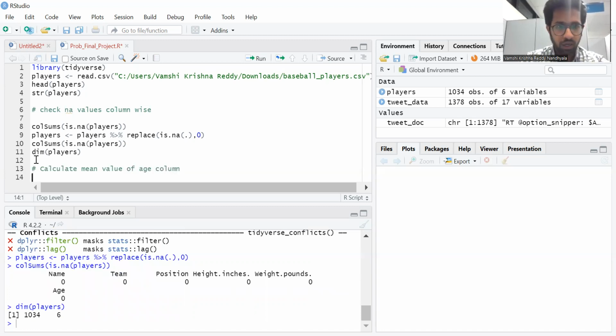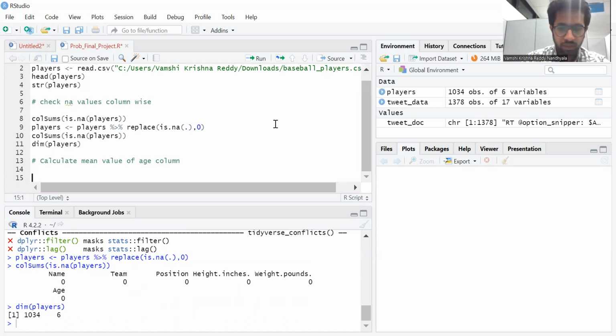So here I am more focused towards the age column because I want to know whether the team players belong to some specific age group or not. So if so, we need to do mean of players age.